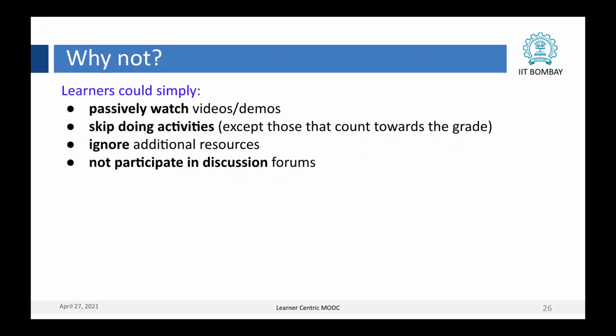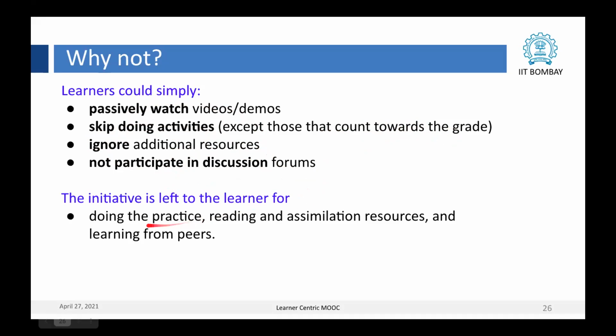Basically, the initiative is left to the learner for doing practice, reading, assimilating resources, and learning from peers. We have kept all these things for the learner, the independent learner, as you said. So what is the missing part in this? Why is it not learner-centric?